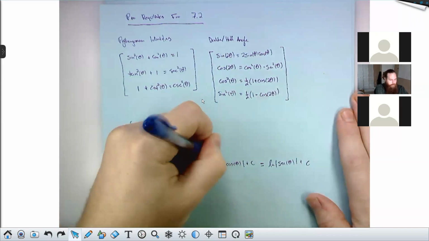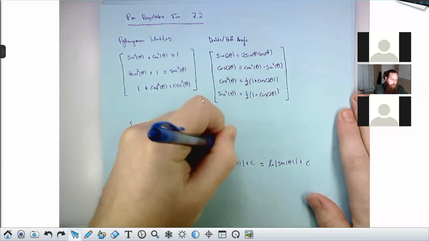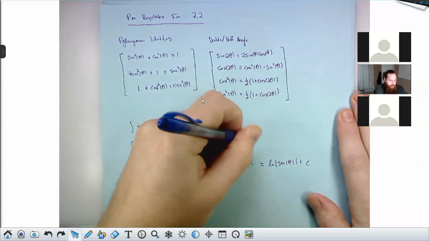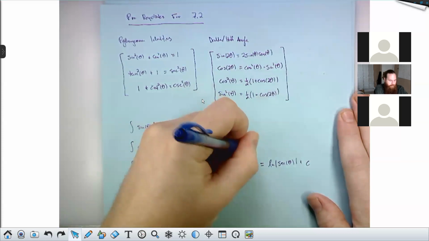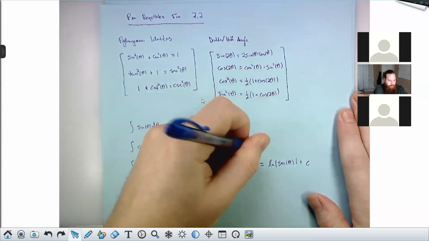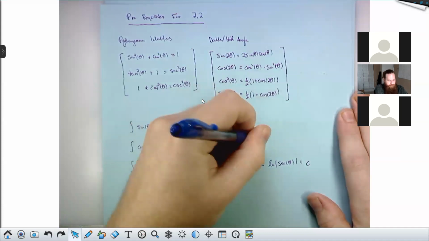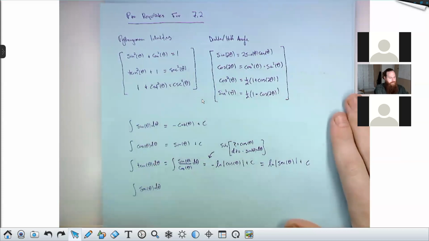The trick to getting the tangent integral was to substitute z equals cos theta, so dz is negative sine theta d theta, and that will get you there. The secant integral is a little bit more complicated.